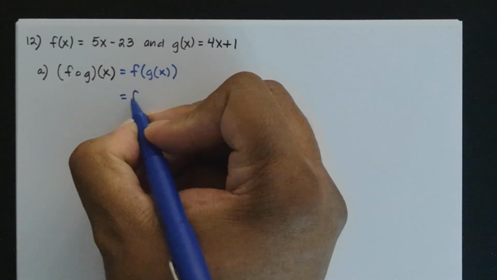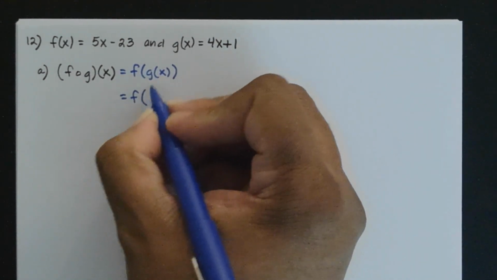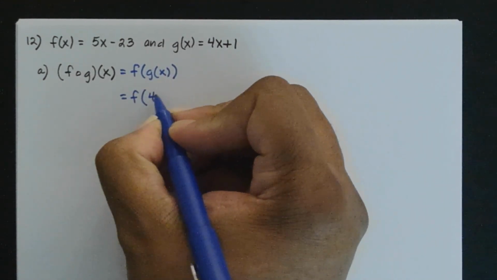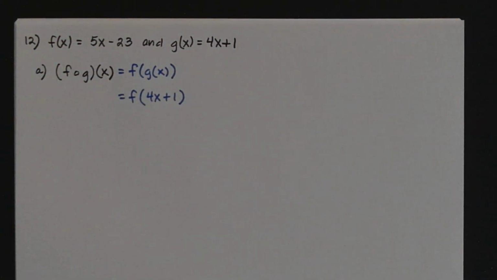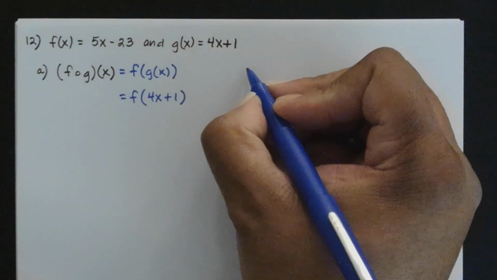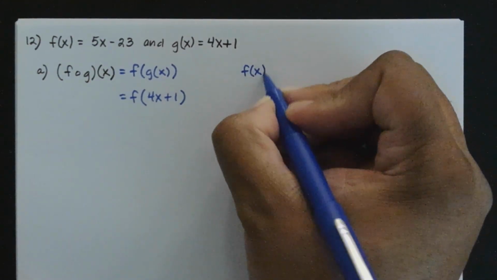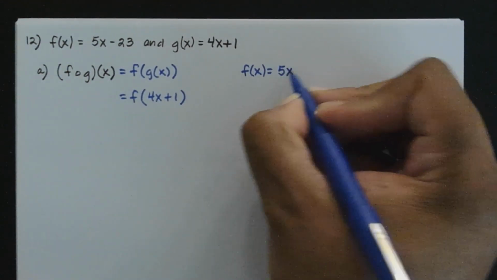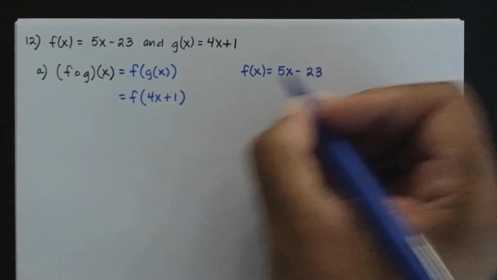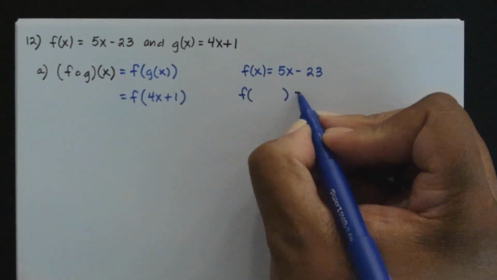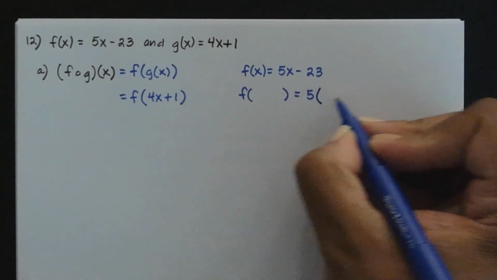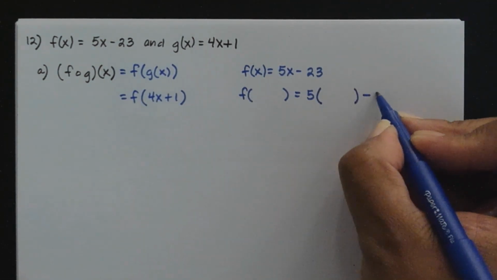So I'm going to replace g of x with 4x plus 1, and evaluate f of 4x plus 1. Now, f of x is equal to 5x minus 23. That means for every single x in the f of x function, I'm going to replace it with what g of x is equal to.